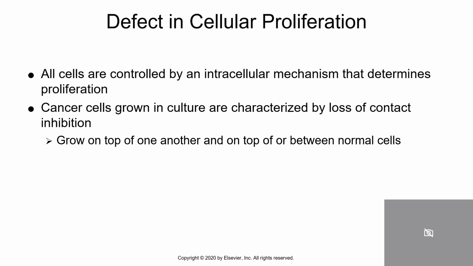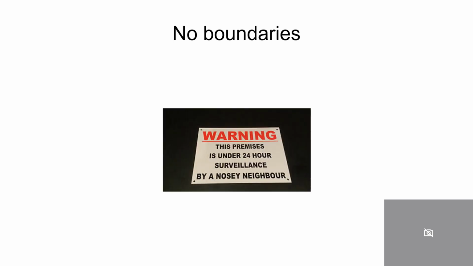But with cancer cells, they don't care. They don't have any regard for boundaries. They go where they want to go. They grow how they want to grow. They have no rules. So it kind of made me think about having a nosy neighbor, right? So these cancer cells are nosy. They want to go other places. They want to find out what's going on around them. They want to see if they can be bigger and better than those average cells that live next door.